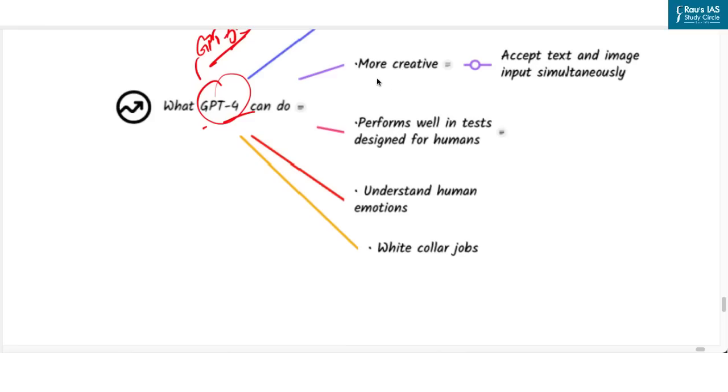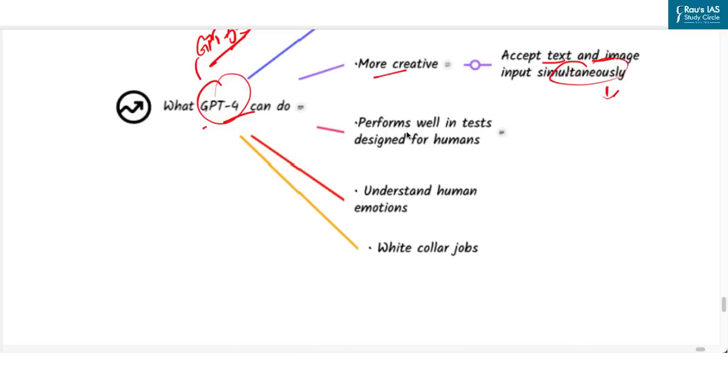Next is that it is more creative. How? Its biggest innovation is that it can accept text and image input simultaneously and consider both while drafting a reply. An example of this is if given an image of ingredients and asked the question, what can we make from these? GPT-4 gives a list of dish suggestions and recipes.